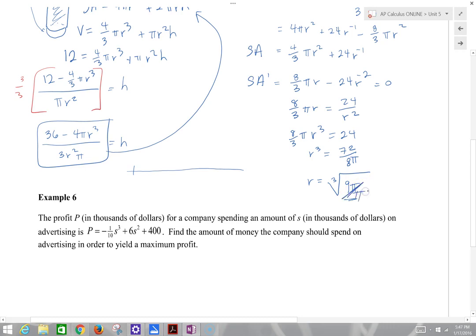Sorry. That is 9 divided by pi. That makes a little more sense. So I'm going to choose the interval 1, 2, and then right in here we've got the cube root of 9 over pi. Sorry about that. And then when you test it, you end up with a negative and a positive, which means this is a minimum.